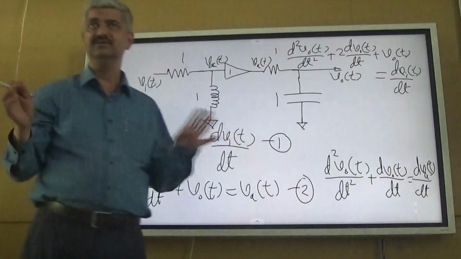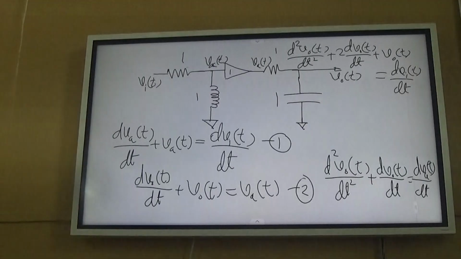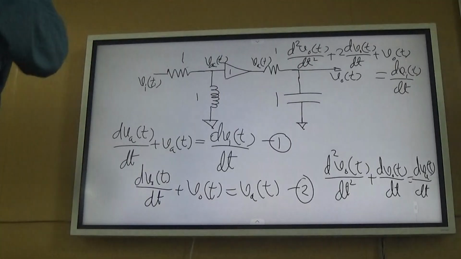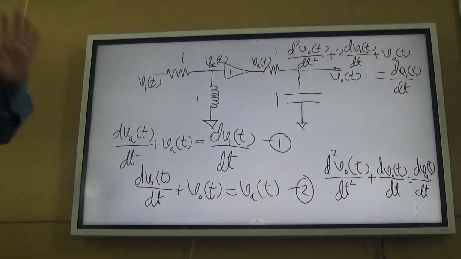Is it right? So this is the final expression. That's all. Now we will take one which contains R, L, C, adder and multiplier. Last one, and after that we will go for solving them.